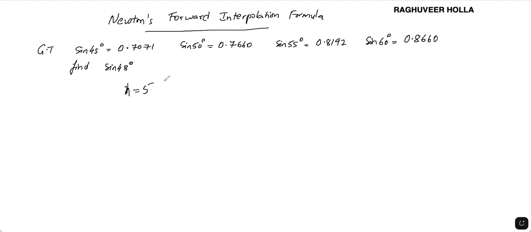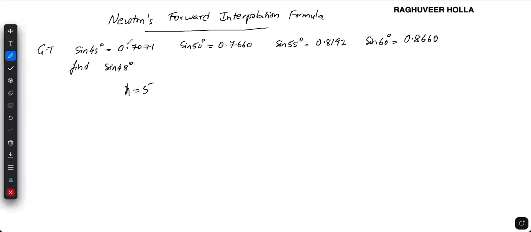So corresponding to this, we write in a tabular form. x in degrees, and this is f of x.